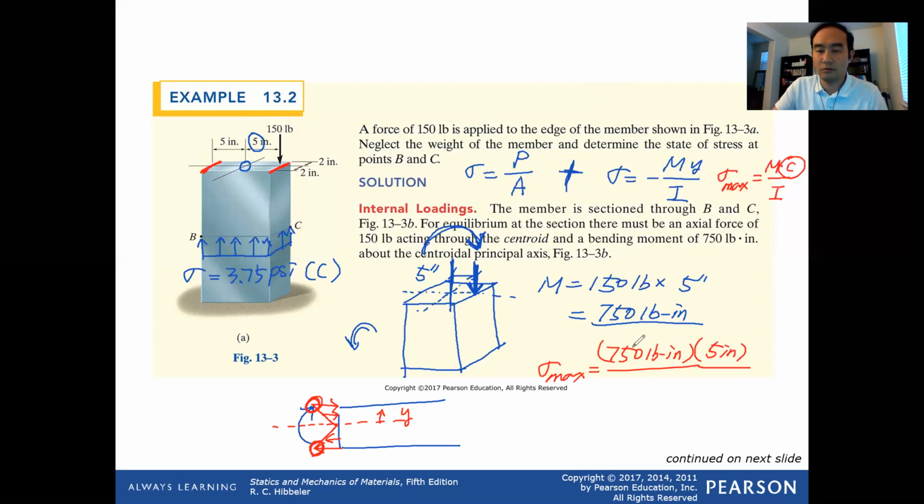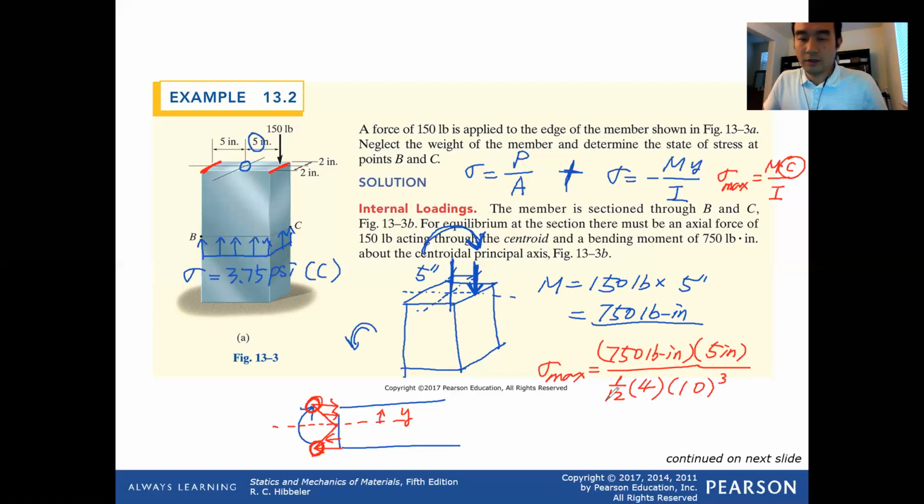So we have to calculate the moment of inertia, b h cubed over 12, which is 1 over 12, b is 4, h is 10 cubed.